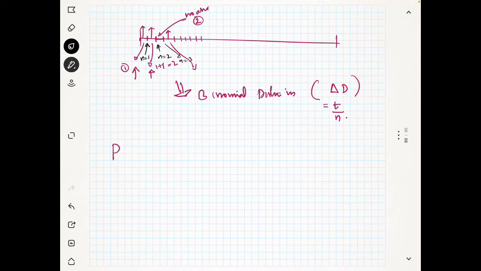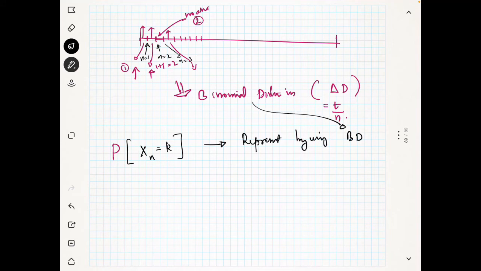So the probability at the nth block that x of n takes the value k, you can represent by the binomial distribution.